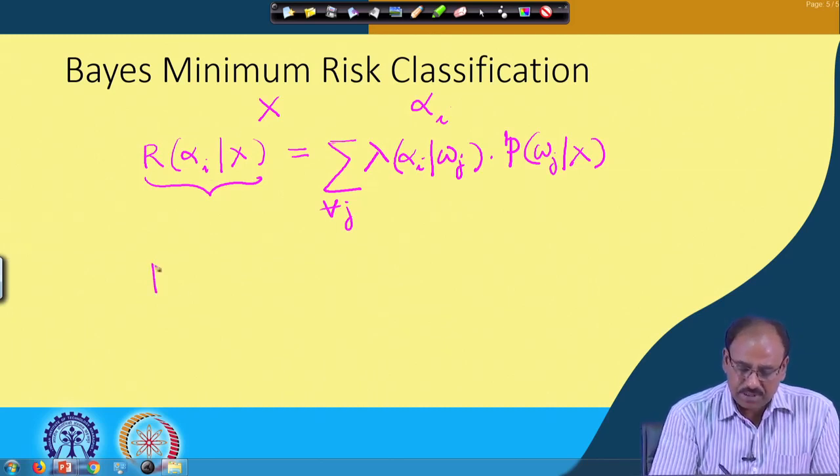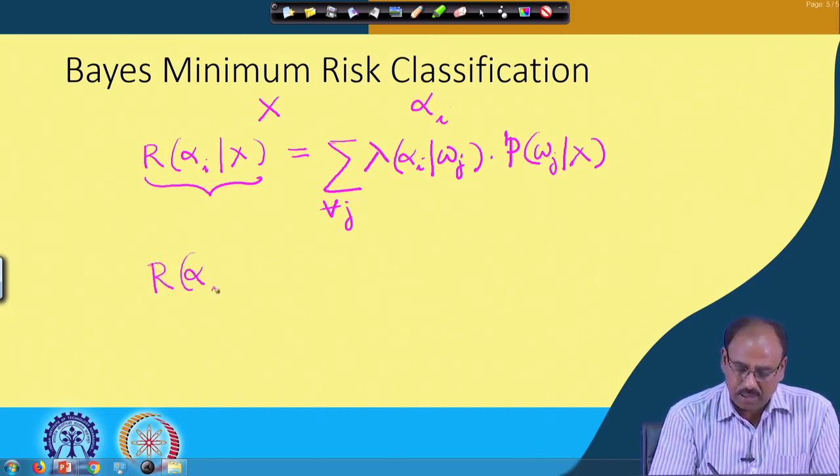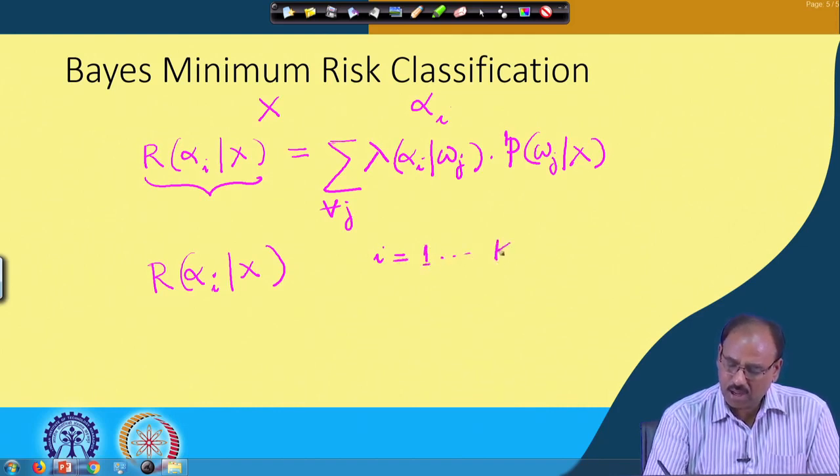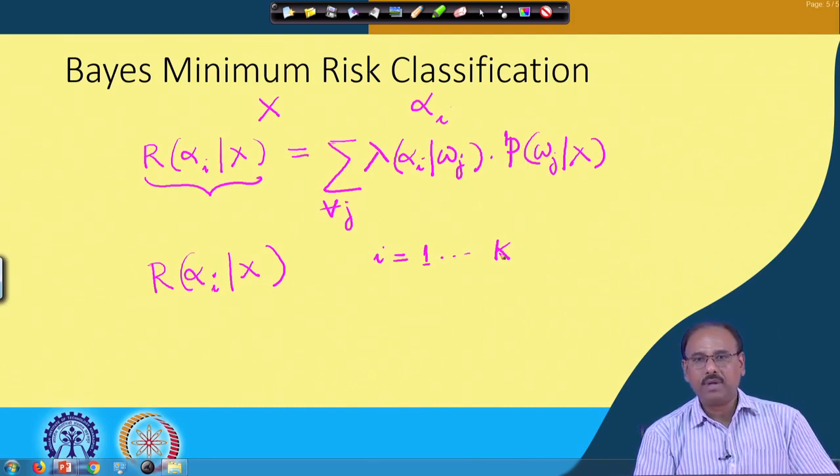So, I have to compute this R of alpha i given x for all i. We said that we have k number of actions. So, for all i varying from 1 to k, and out of all these, for whichever R of alpha i given x is minimum, I have to take that corresponding action.